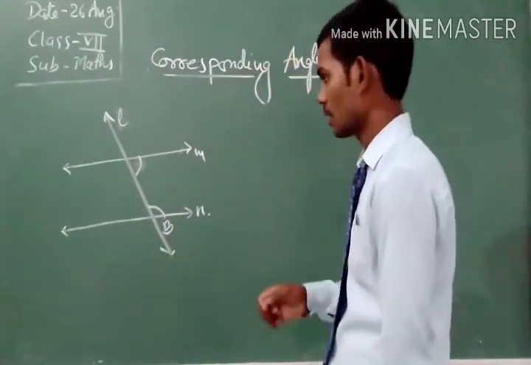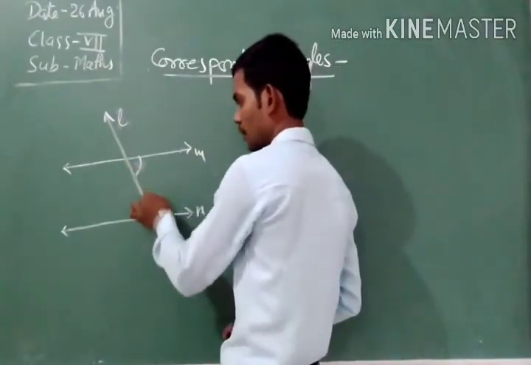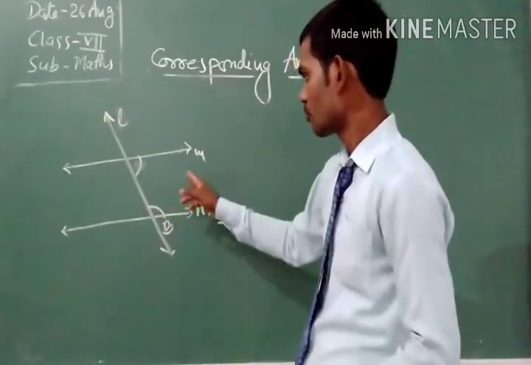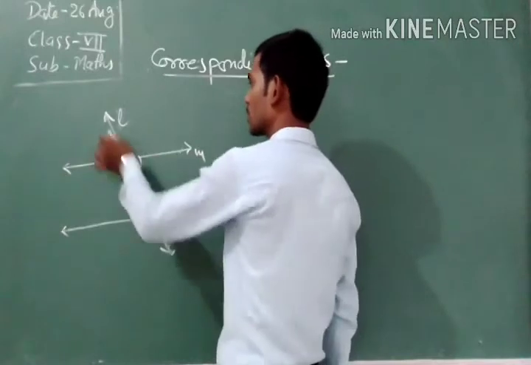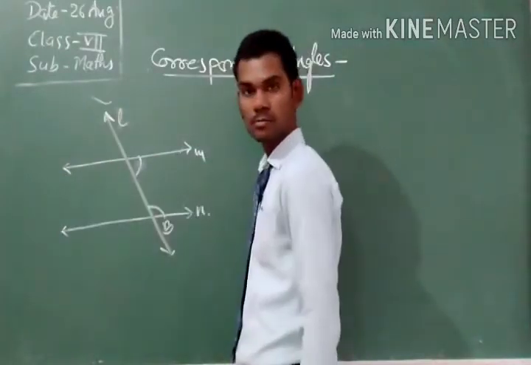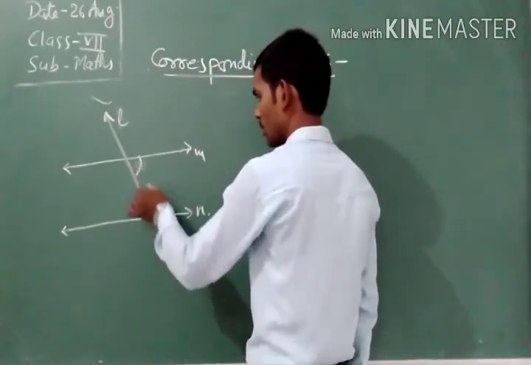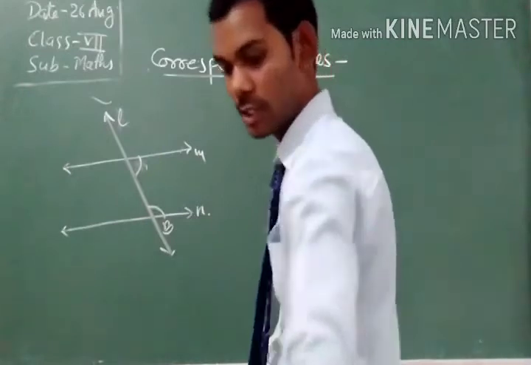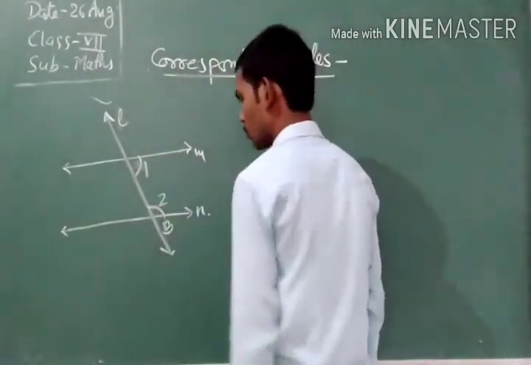Here we can see that one arm of these two angles is on the same side of the transversal. L is the transversal, and there are two angles formed, angle 1 and angle 2.